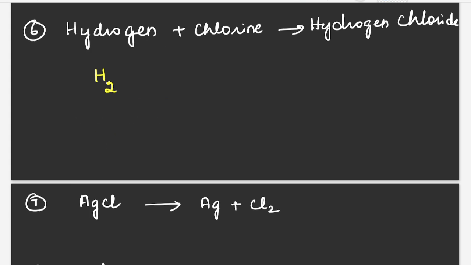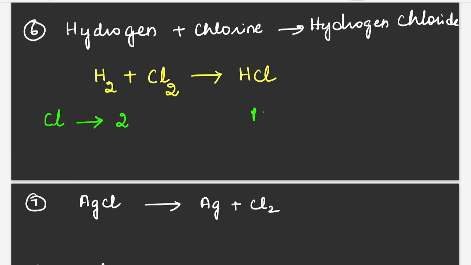Okay, so plus chlorine. Chlorine also we have to write as Cl2 because chlorine is also a gas. It exists in Cl2 form. Hydrogen chloride formula is HCl. Now we have to balance this. First let us balance chlorine. On the LHS you have 2 chlorine, on the RHS you have 1.